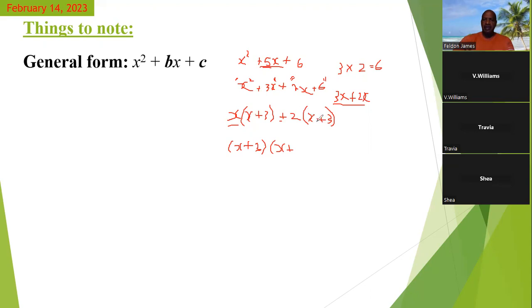So 2 bracket x plus 3 divided by bracket x plus 3. You see that the x plus 3 would cancel out, leaving only 2. And now what we would have here is our final factors. All right, so after we factorize, these would be the 2 factors from factorizing this expression.